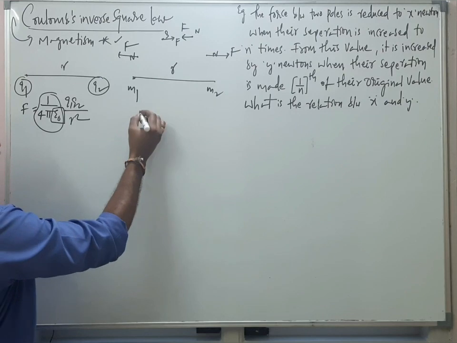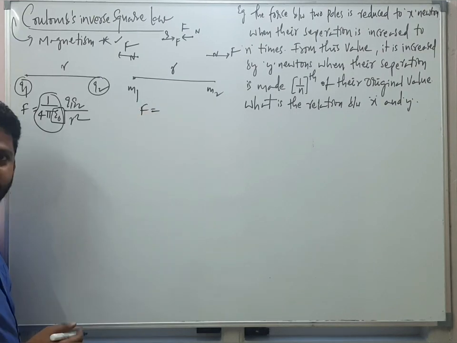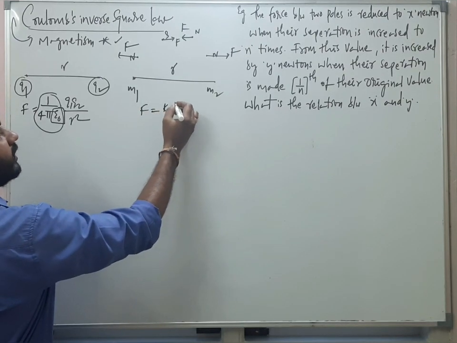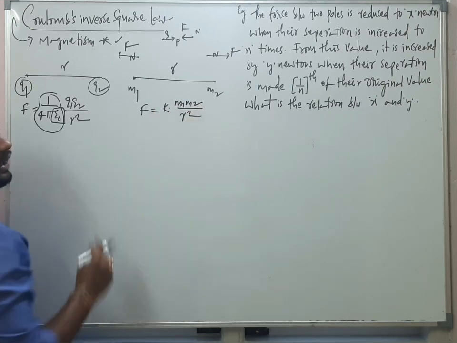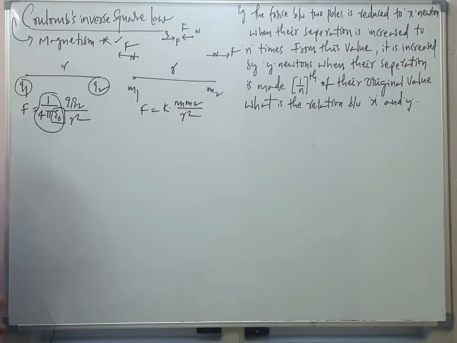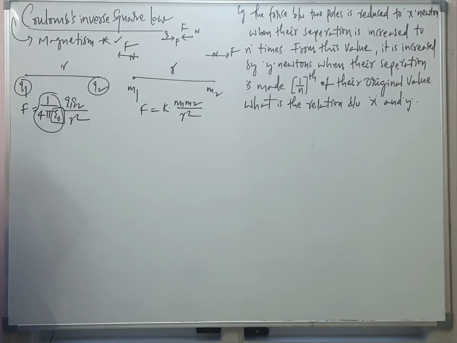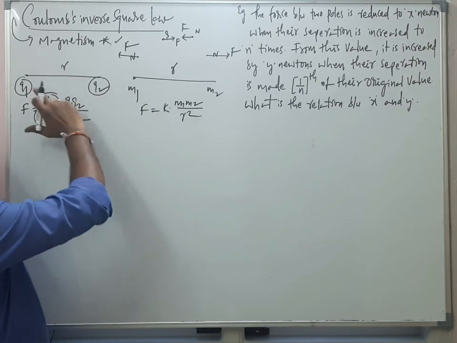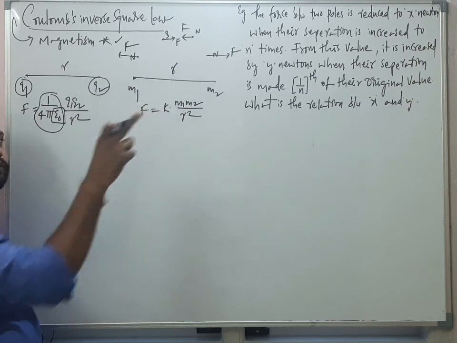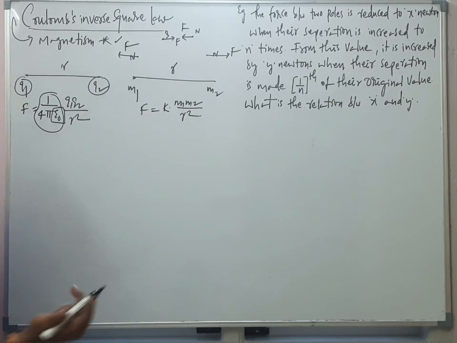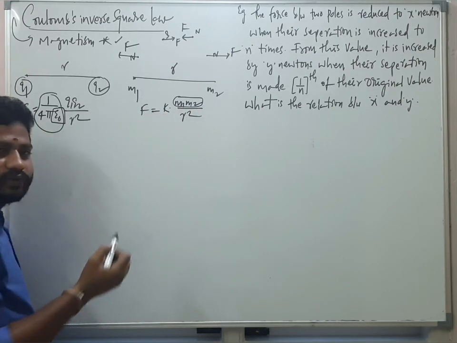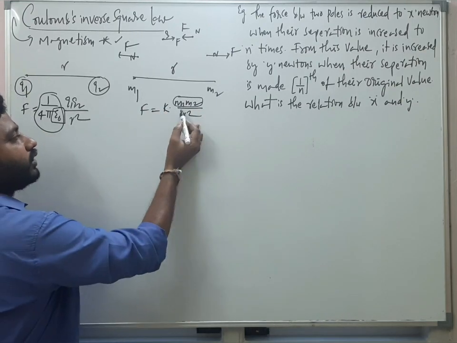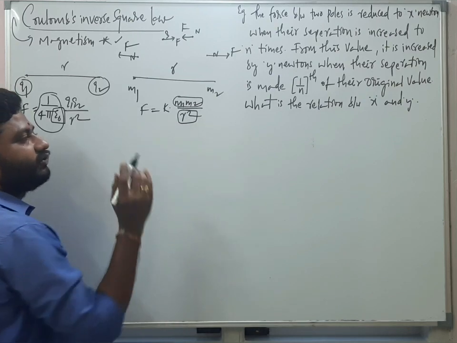Here, the force of interaction will be equal to a constant into the pole strengths, m1 m2 by r square. I am not writing the definition here, I am telling you orally: the force of interaction between any two magnetic poles is directly proportional to the product of the two pole strengths and inversely proportional to the square of the distance between them.